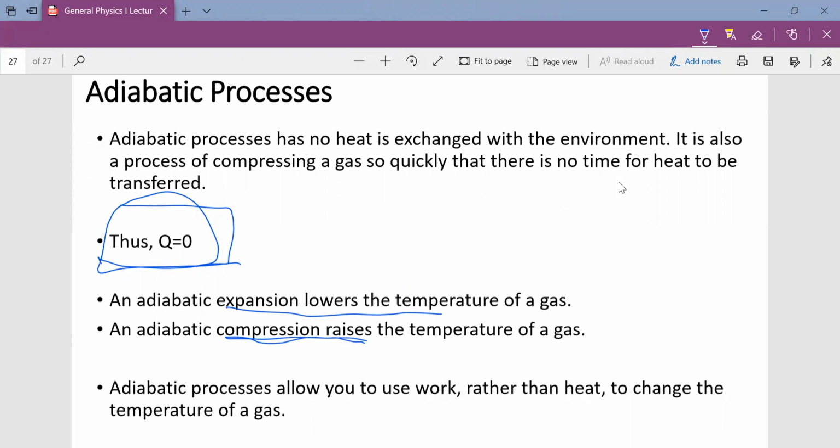We use that to modulate the temperature without applying heat per se. So we simply change the temperature of a system, raising it by compressing or expanding the gas. Okay, so an adiabatic process is a system with no heat exchange with the environment.